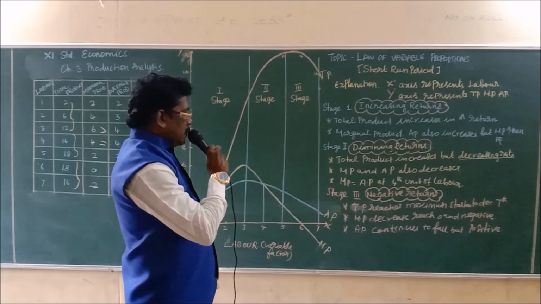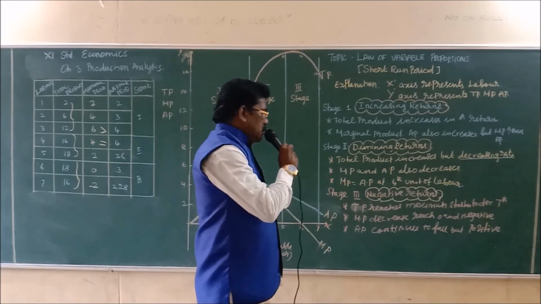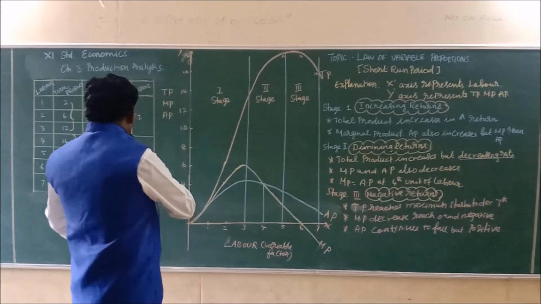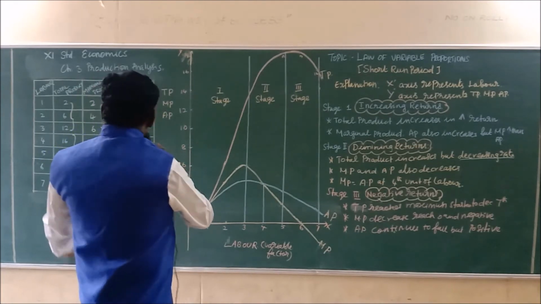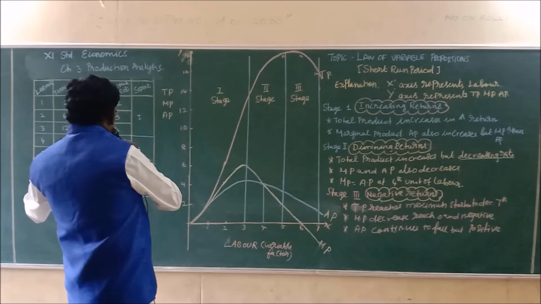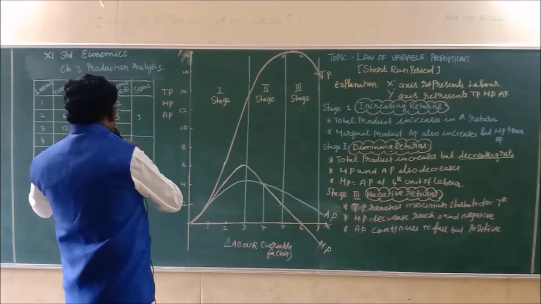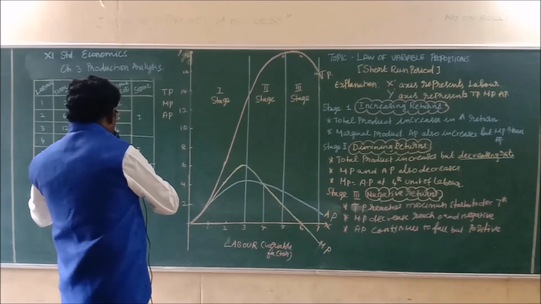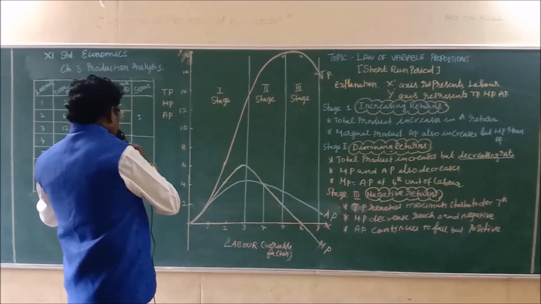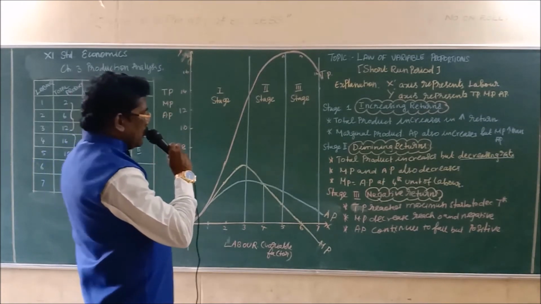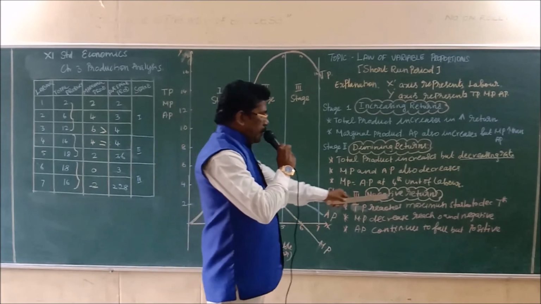And the third stage, which is known as negative returns. The total product reaches the maximum point, 18, and then declines to 16. In marginal returns, the marginal product also decreases from 0 to -2, and the average product also decreases from 3.3 to 2.28. So in the third stage, it is negative returns. Why?